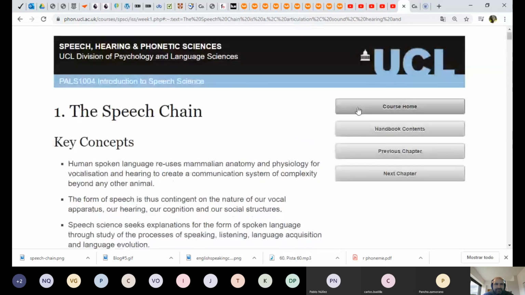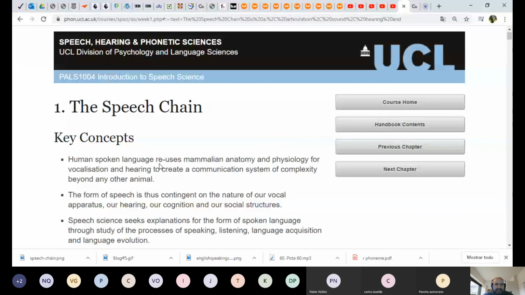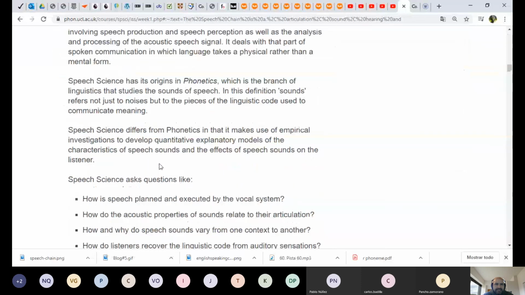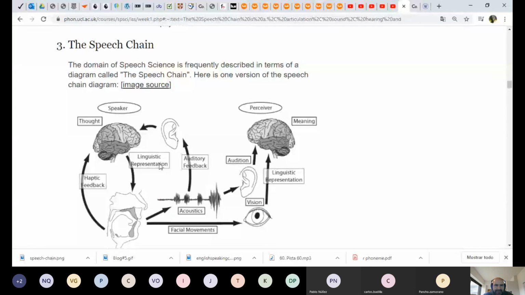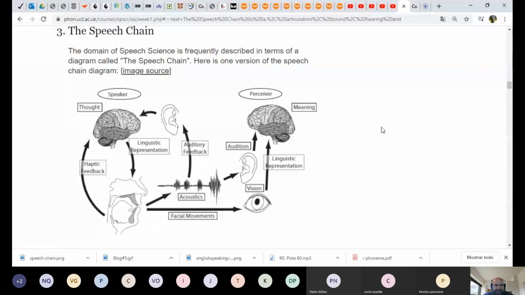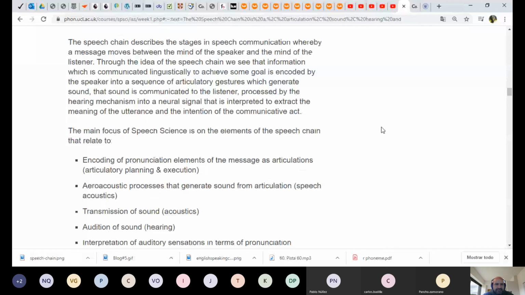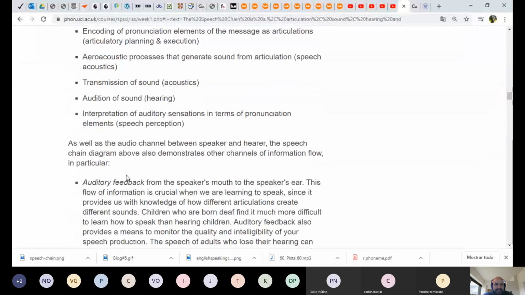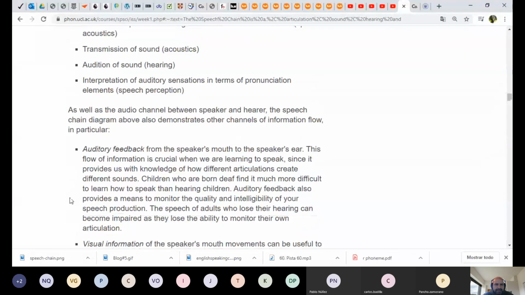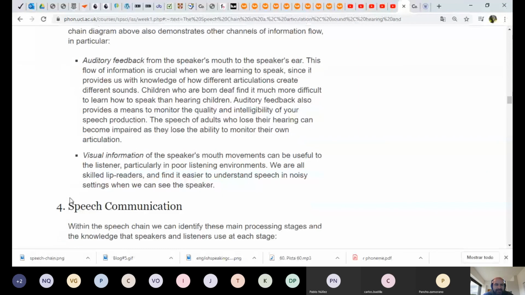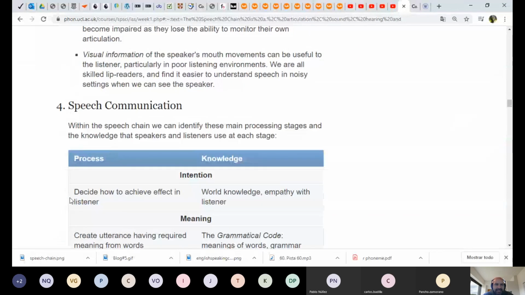If you scroll down, you may start from this diagram, and it's very simple in general terms. So you can understand the process that goes on from when someone speaks up to when someone listens to the message.